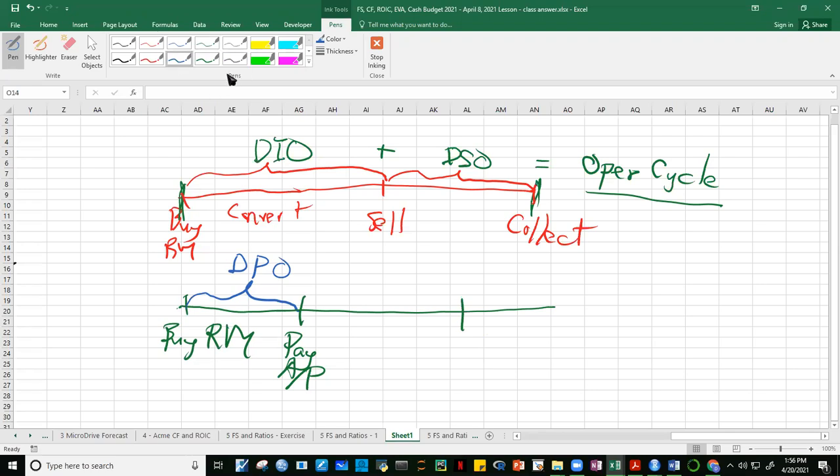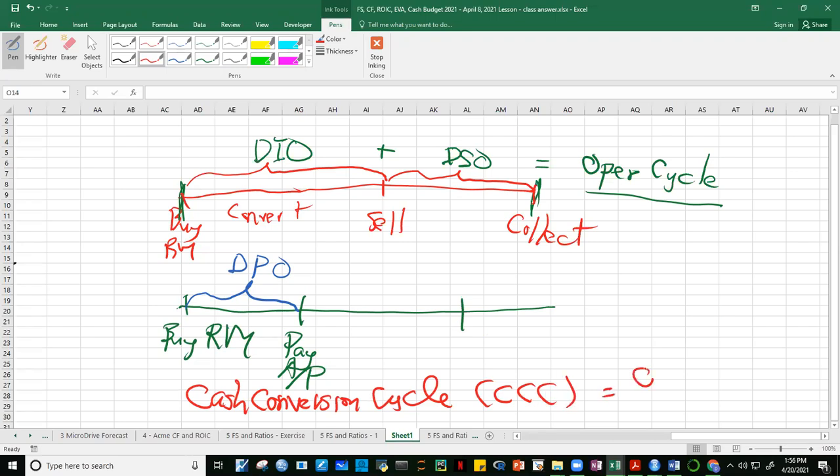And then we have this one. We have this measure. Okay, your cash conversion cycle. Cash conversion cycle is your operating cycle.